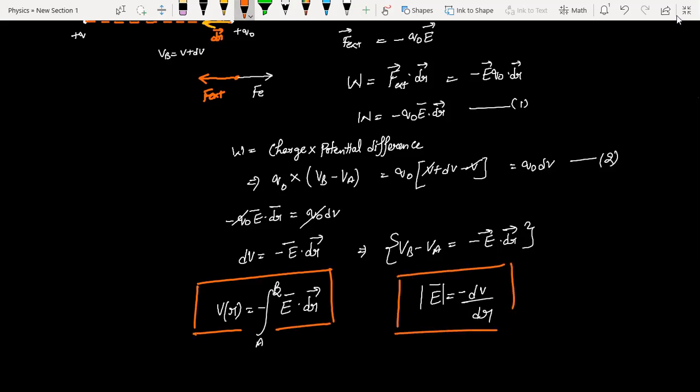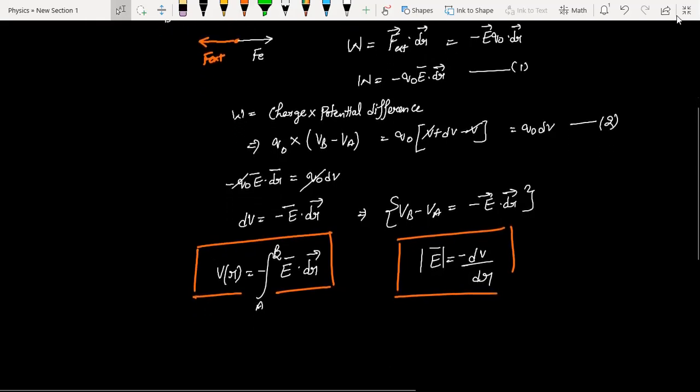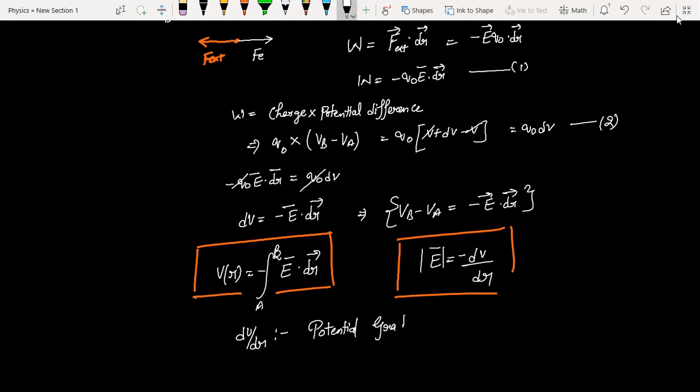So this dV by dr is nothing but the potential gradient. We talk about this: what is this dV by dr? It can be defined as the potential gradient. And the most general representation is that the electric field is equal to minus the gradient of the potential.